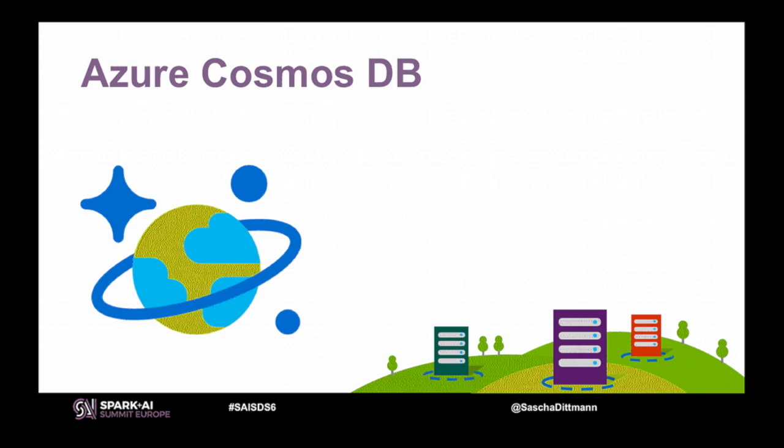Azure Cosmos DB is a purely NoSQL document or JSON store where you could put data in. And the nice thing is you can spread it across the world. You can pull up more or less in every region of our data centers a copy of that system, and all those databases will automatically replicate the data to each other.